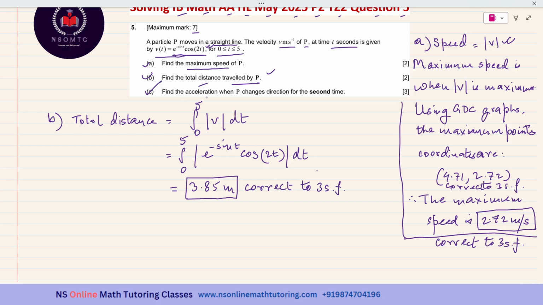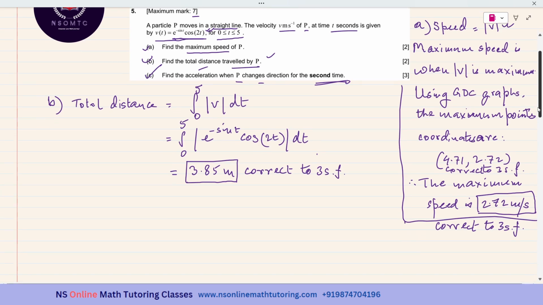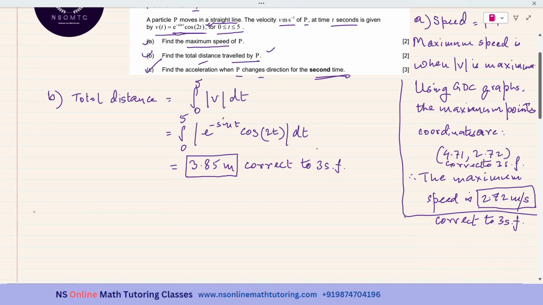So, part C, find the acceleration when P changes direction for the second time. Okay. So P changes direction when v is equal to 0. If it is moving towards the right, maybe the v value is positive. If it is moving towards the left, the v value is negative because it is moving in a straight line.